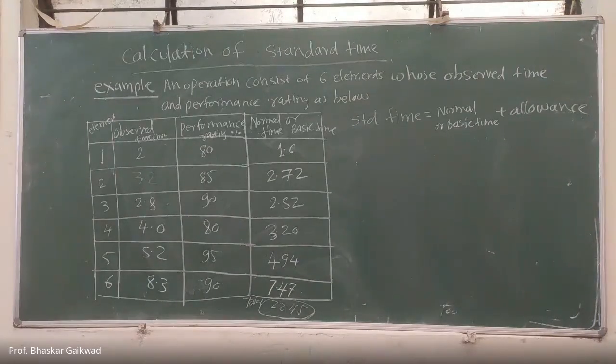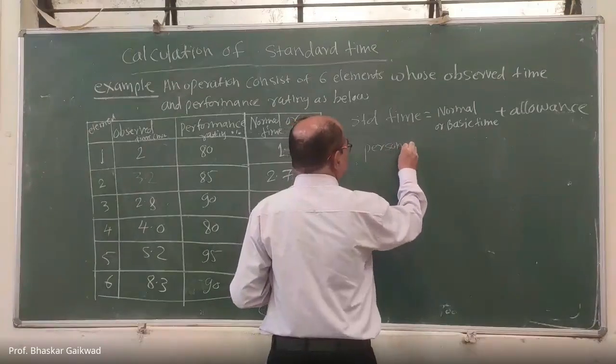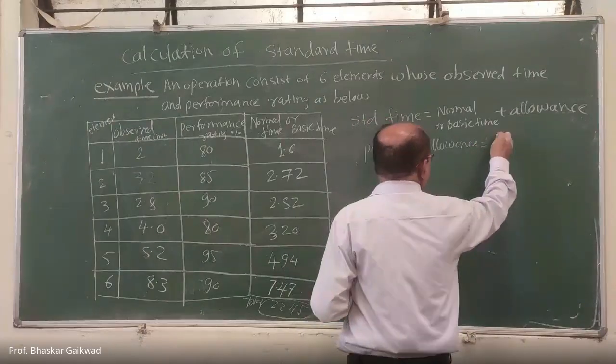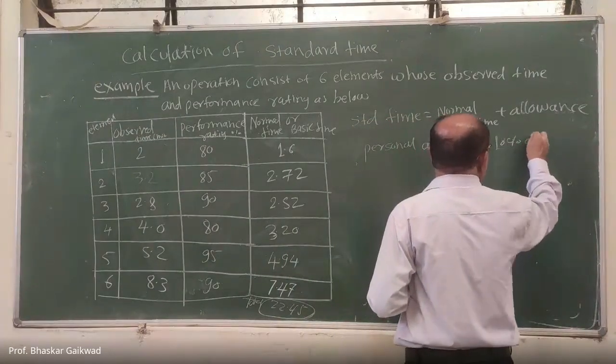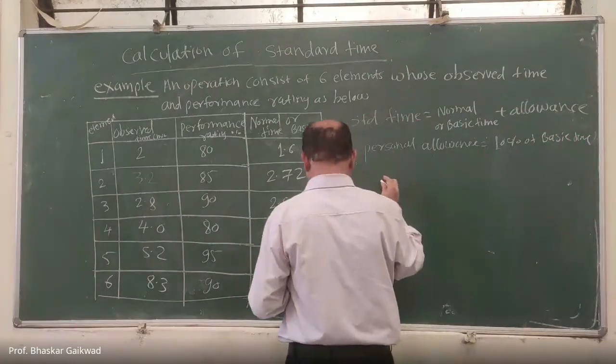So here personal allowance 10% and contingency allowance, they have given 5% of basic time. So personal allowance 10% of basic and contingency allowance.